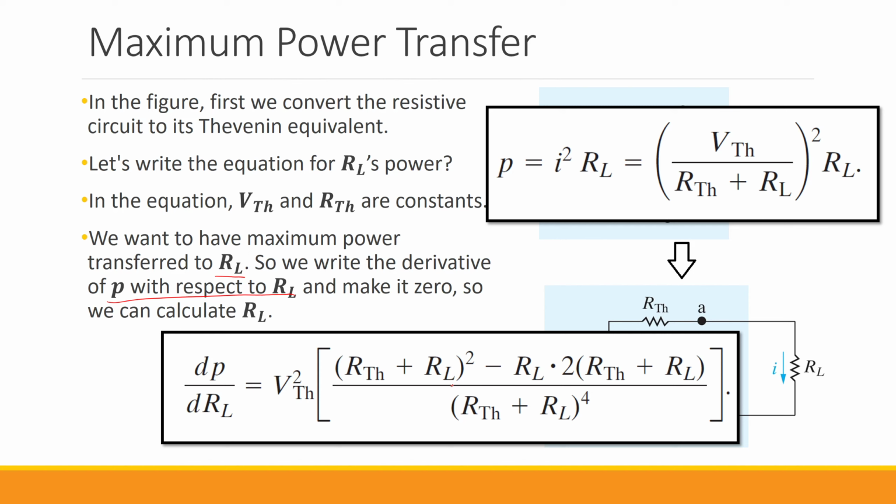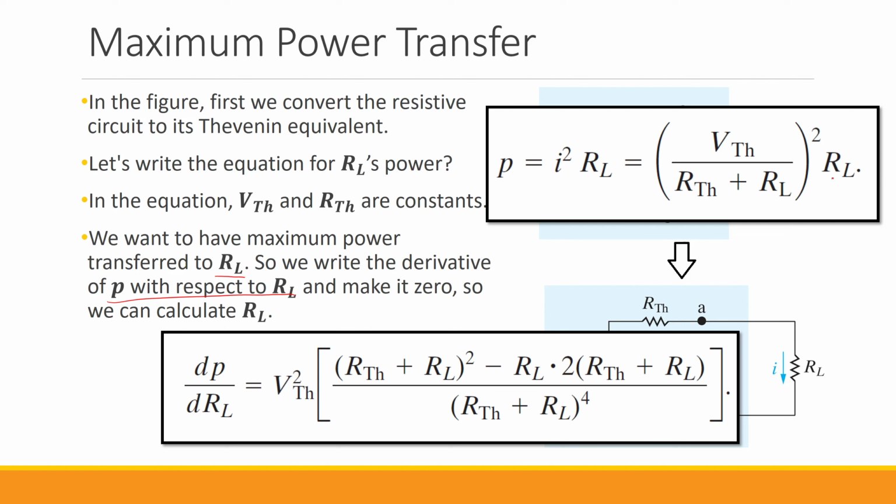So this is the result of the derivative. We have the derivative of the numerator, which is 1 here, right? It is RL by itself, so its derivative is 1, multiplied by the denominator, minus the derivative of the denominator, which is 2 multiplied by RTH plus RL, times the numerator.